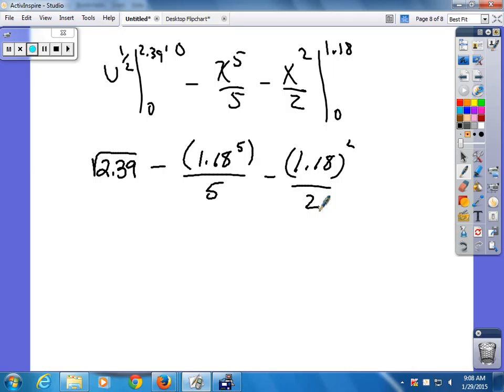And what's the square root of 2.39? Well, I'm gonna let y'all do that because you got the answer in the book to check. Let's see what they got.